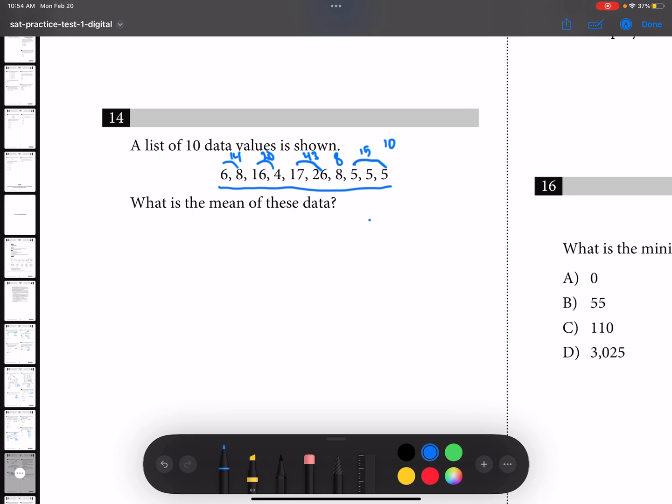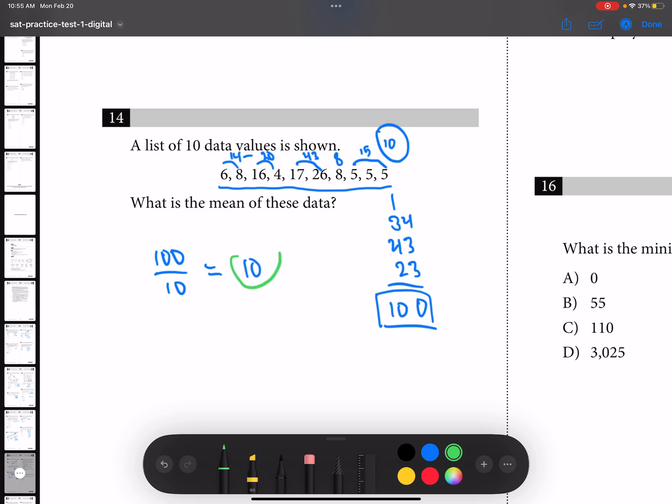So I'm going to add these two, that gives us 34 plus 43 plus 23. That should give us 100. Now 100 divided by 10 would give us 10. So the mean of our data is 10.